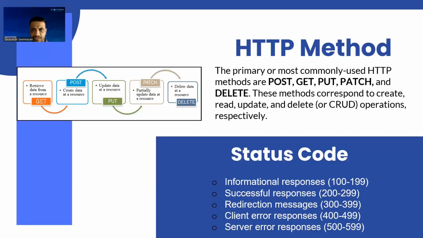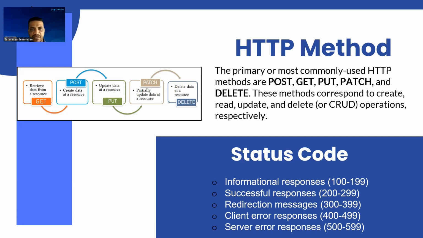Okay, next we come to the HTTP methods. We send requests over HTTP, which is an HTTP request. The most commonly used HTTP methods over the internet are POST, GET, PUT, PATCH, and DELETE. POST is to create new data or a new resource in your database or server.